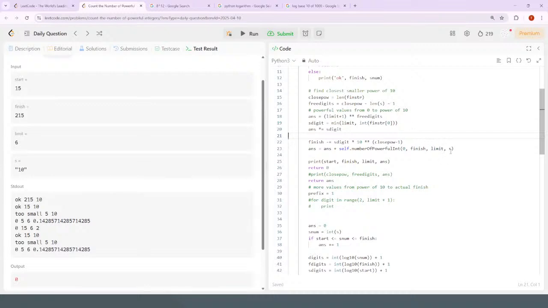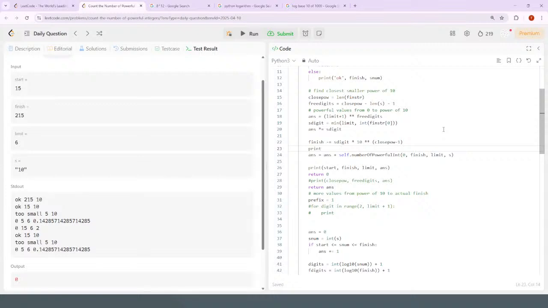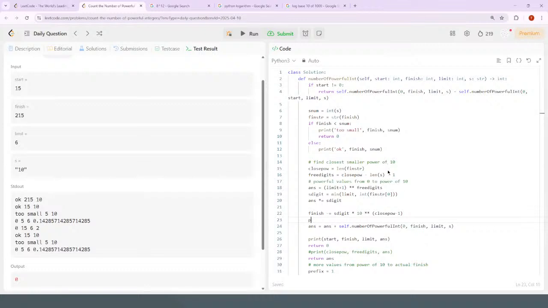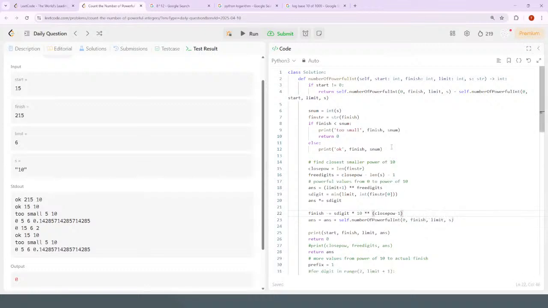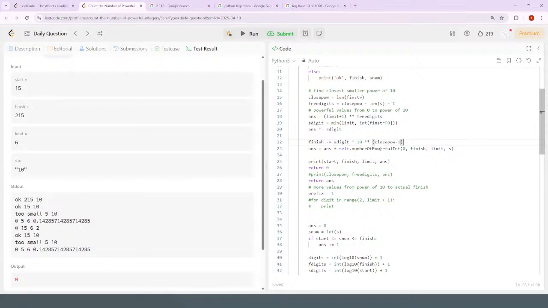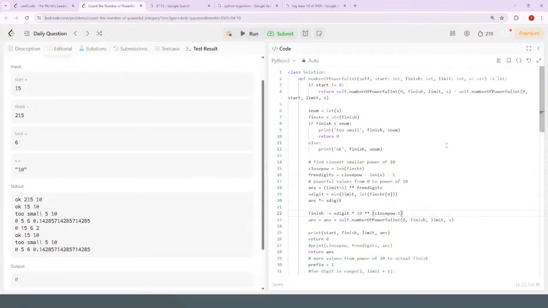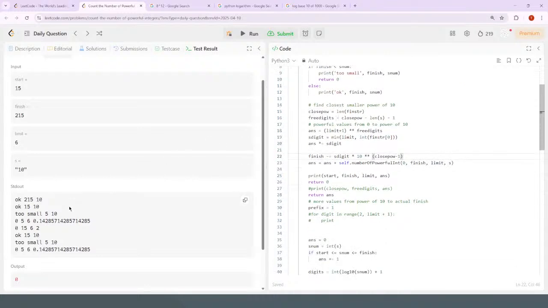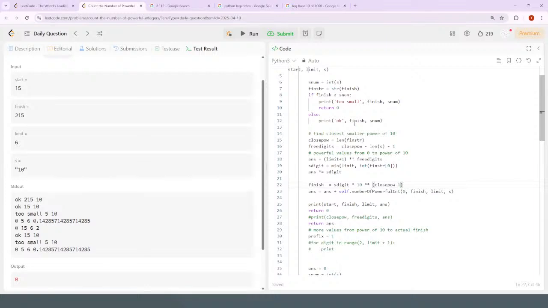S became 0.14 during this call. 0 to finish, limit, S. And then S is... Why did S change from 10 to 0.14?